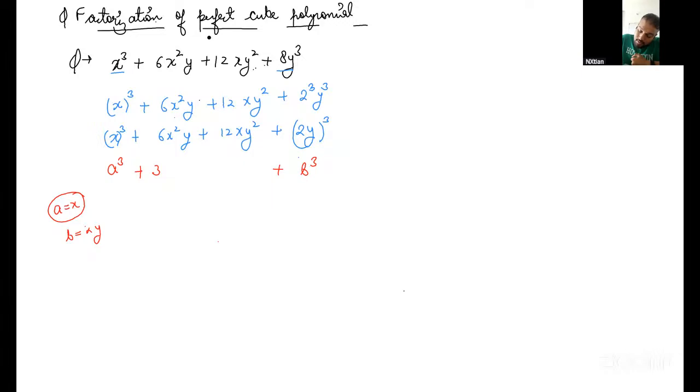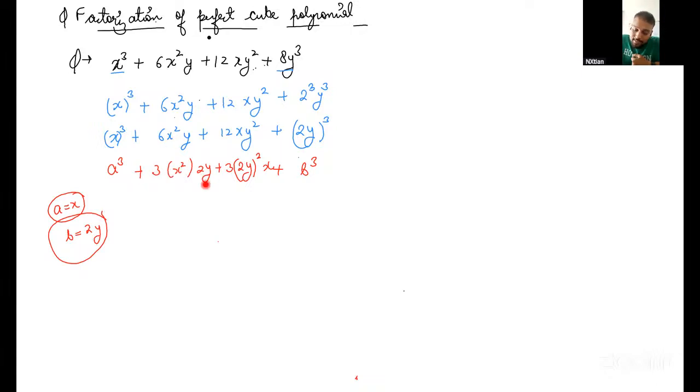So 3A square is x square and B is 2y, and if you multiply, are you getting 6 x square y? Yes. So I split it like that.